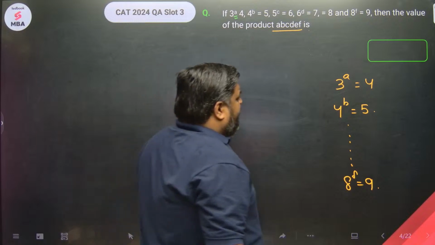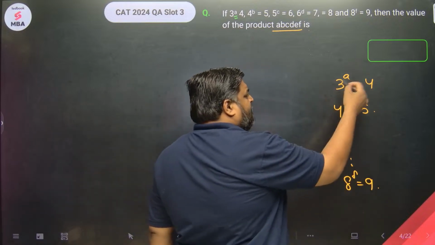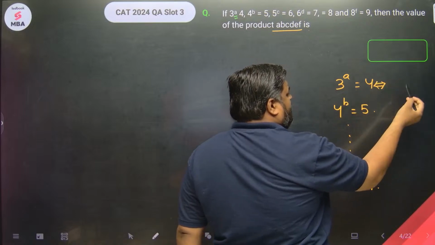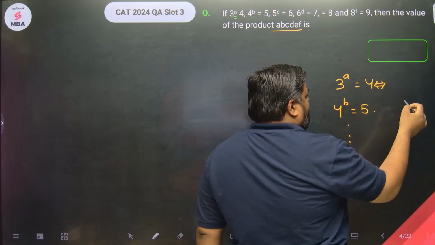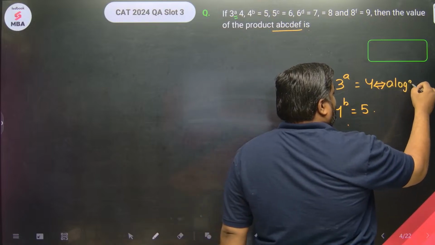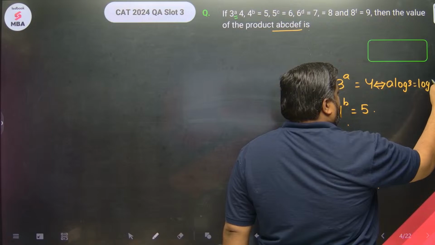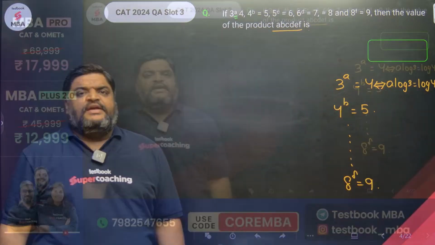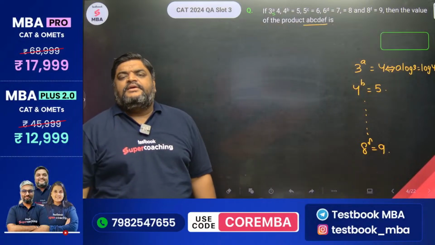Fine. If I want a, मुझे क्या करना पड़ेगा? I'll have to take log on both sides, right? We have done such questions in log. Log both sides लिया, तो what would be the case? We'll get a log 3 is equal to log 4.